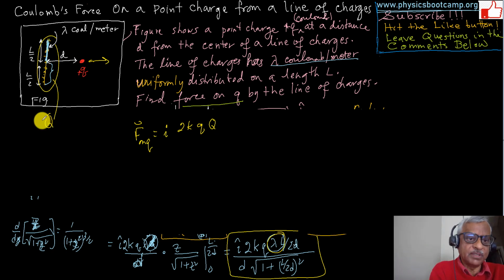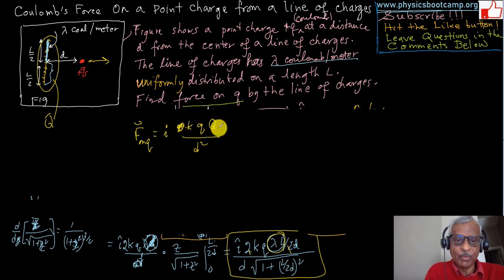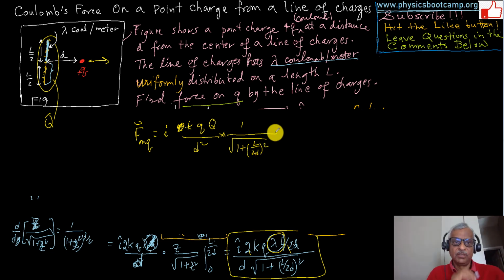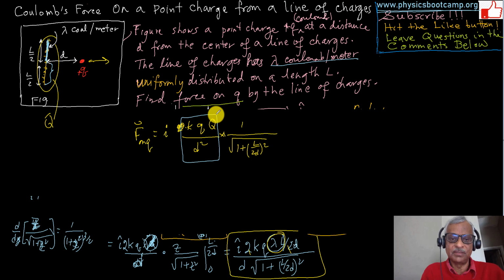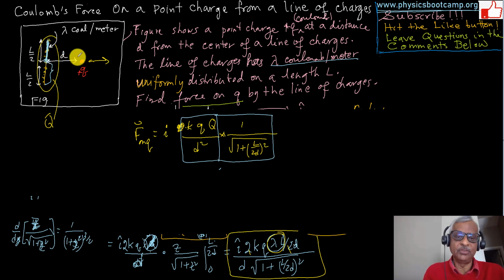This 2 cancels this 2, so just forget this 2. And you have a d square. Then you have 1 over the square root of 1 plus (L over 2d) square. So a couple of consequences: first of all, it's not just this, but it's actually that multiplied by that. It's not like you can just put the total charge over here and then you're done. No, that's wrong.